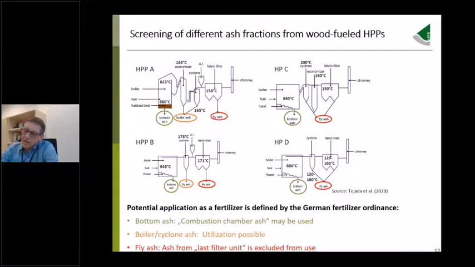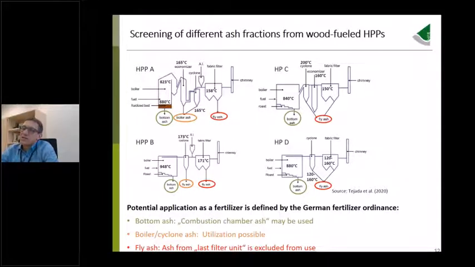we can call those ashes in a different way. So bottom ashes, which is here green colored, which is all sorts of combustion chamber ash, may be used as fertilizers, while the fly ash, which is separated in the last filter unit, is mainly excluded from use, which needs to be disposed as waste.